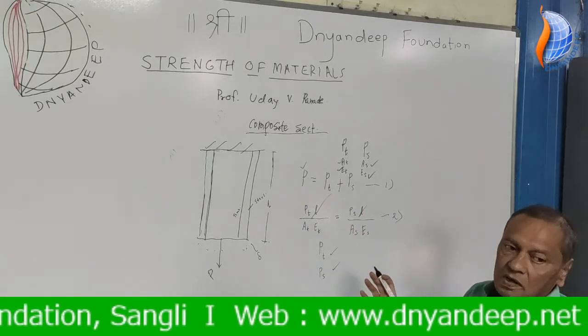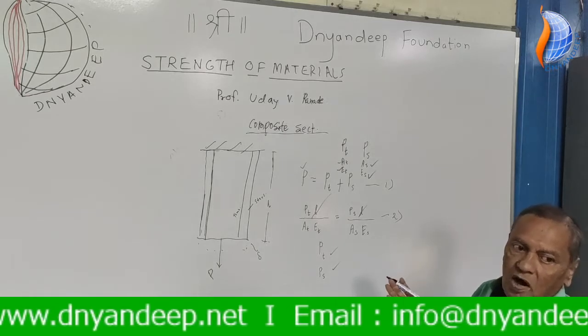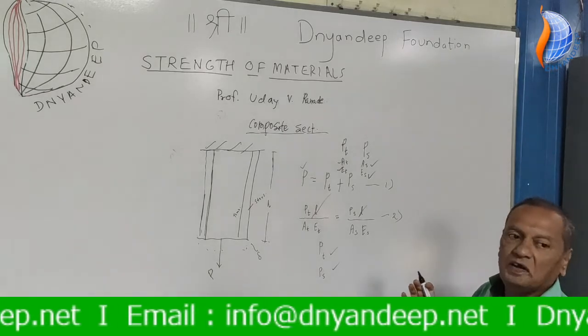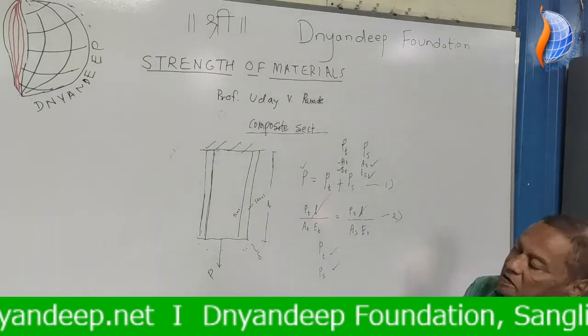This is the problem. To give an example, we know RCC, that is, concrete and steel. Concrete and steel, this is a good example for civil engineers.